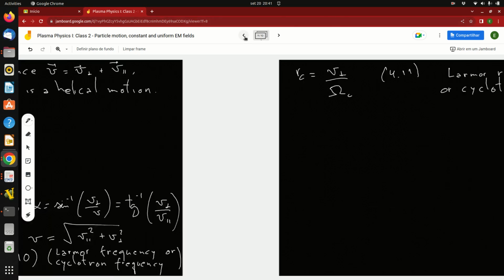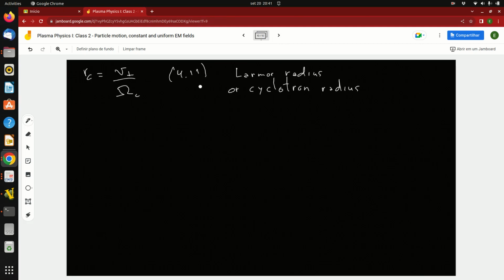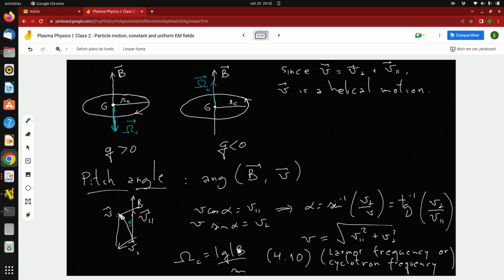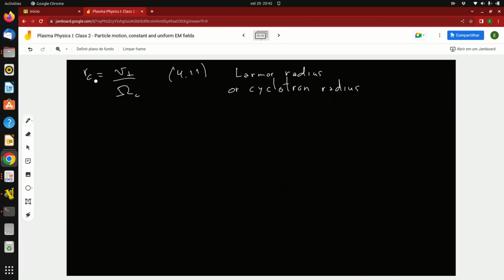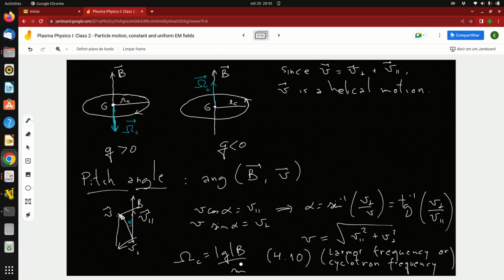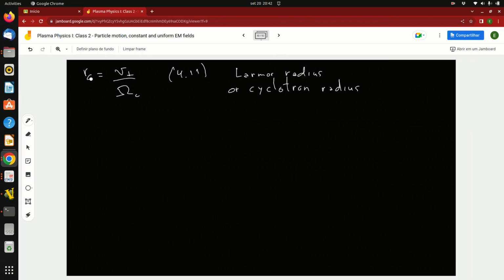From equations 4.10 and 4.11, we can see that the larger B, the larger omega_c, and the smaller r_c. That is, if you increase B, you will have a larger omega_c, and then you will have a smaller radius. Also, if you have larger mass, you have a smaller omega, and then you have a larger radius.